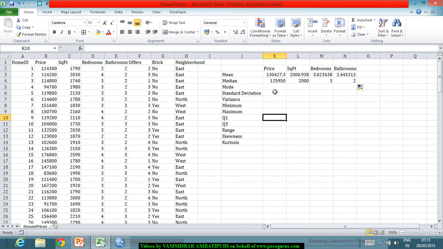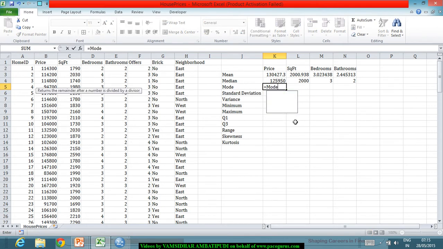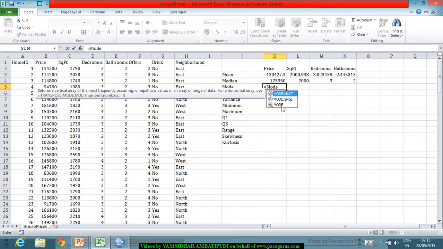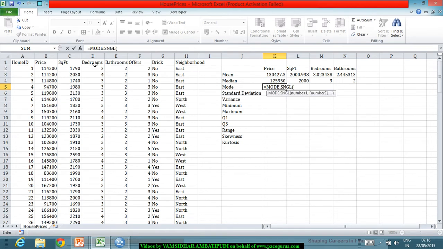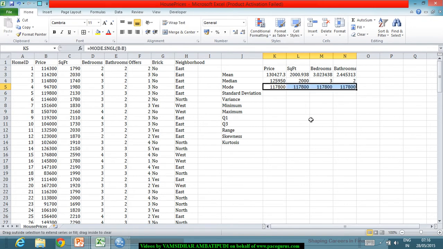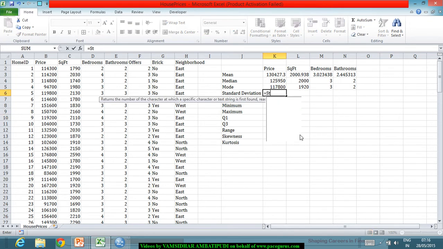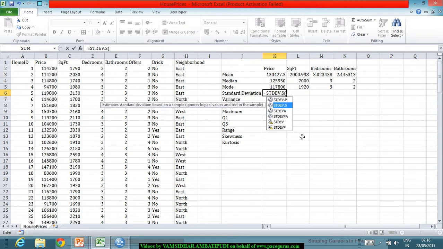So this remains the median in these 4 cases. Then mode, I try to compute, coming out to be this, and probably in these cases this happens to be the mode.